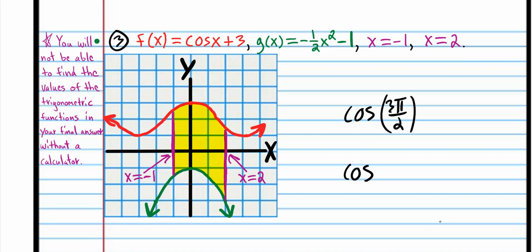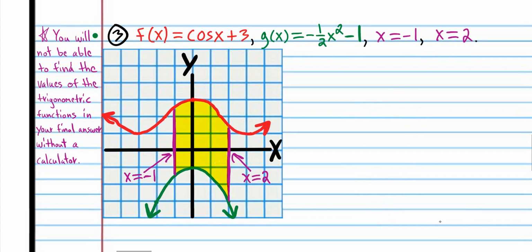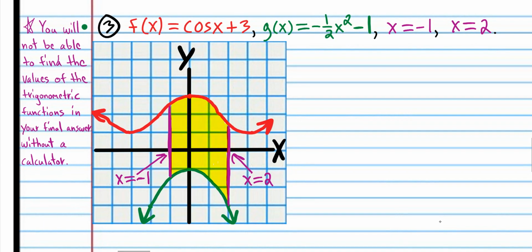But if you have something like this, where you just have some random number like 3.2, or maybe you have like sine 1, well, you can't calculate that without a computer, your TI-84 plus or whatever you're using. So if you want, you can come up with a decimal approximation, or you can just leave it with cosines or sines. So just be aware of that. That's the warning that I gave you over here. So try number 3. When you come back, we'll do it together.